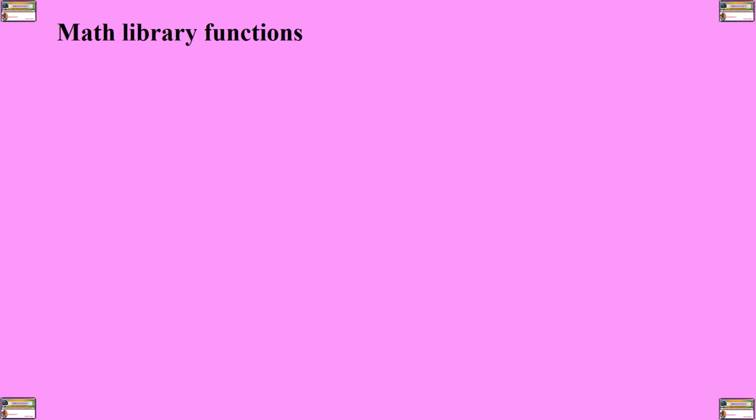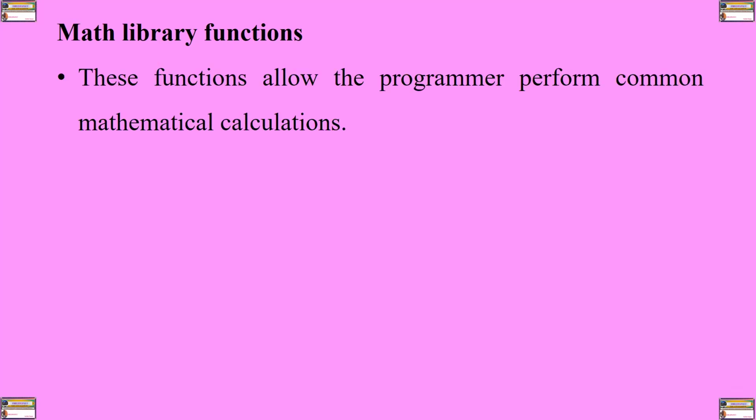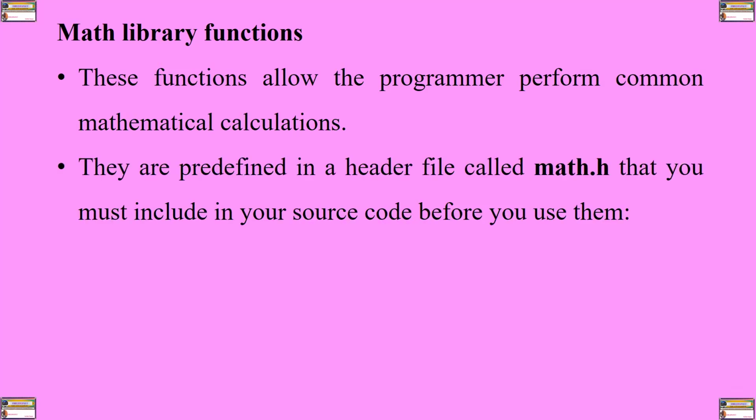Let's look at what we call the math library functions. These are the functions that allow the programmer to perform common mathematical calculations. They are predefined in a header file called math.h that you must include in your source code before you use them.